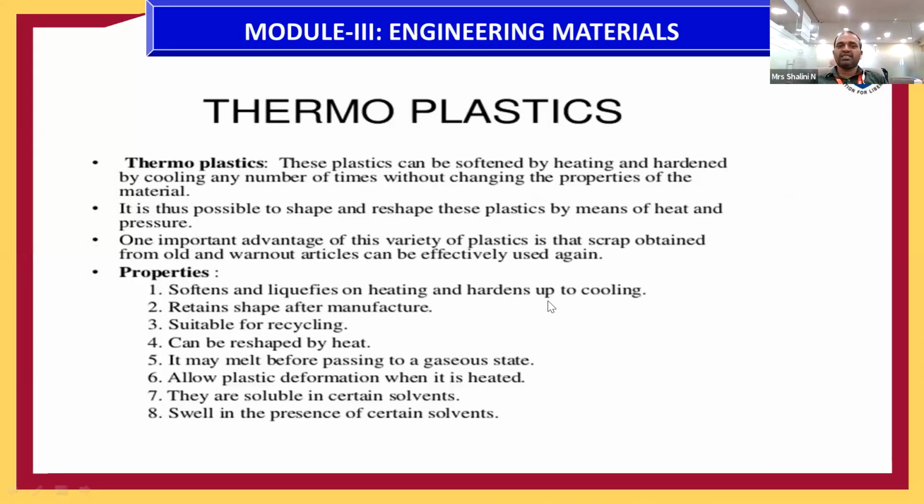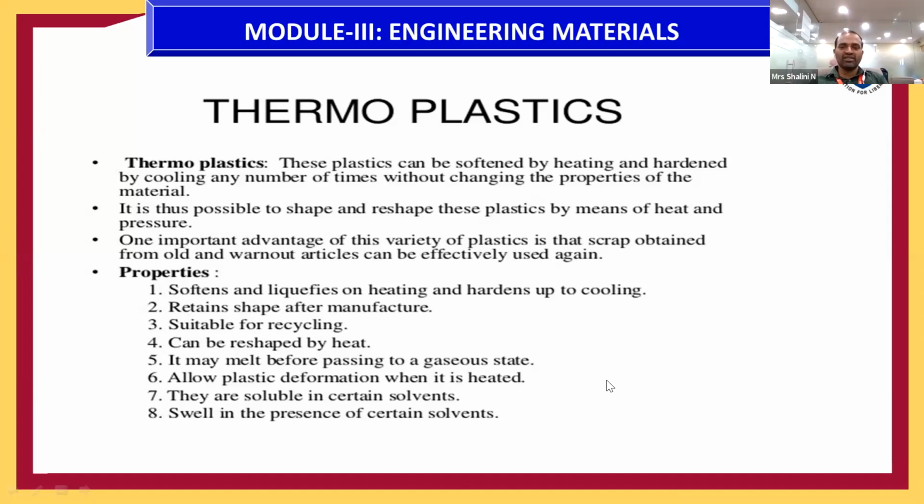So thermoplastics are plastics that can be softened by heating and hardened by cooling any number of times without changing the properties of the material. If you do cooling, hardening, cooling, heating, there is no change in the material properties. It is thus possible to shape and reshape these plastics by means of heat and pressure.